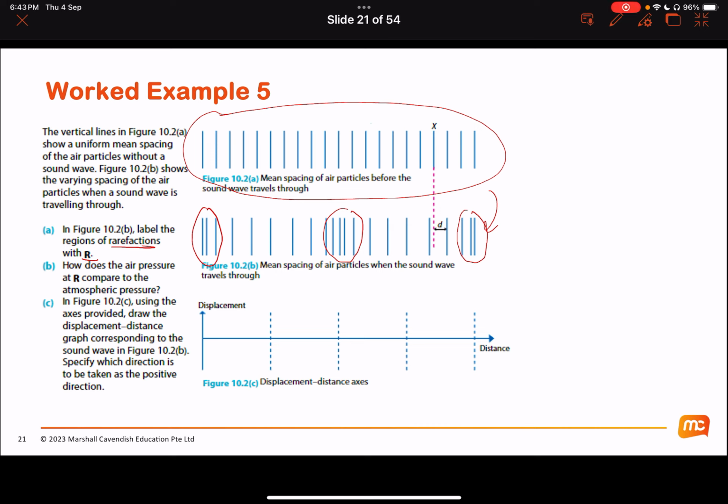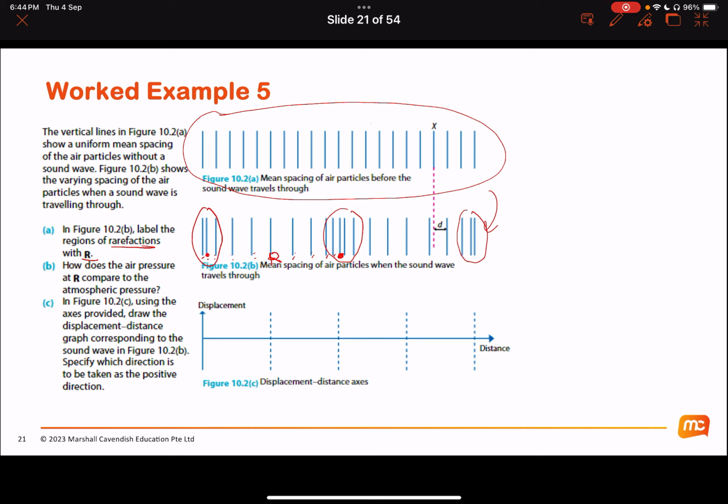So you can count the number of lines and then determine where the middle line will be. 1, 2, 3, 4, 5, 6, 7, 8, 9, 10, 11. So between, let's say, this and this, 1, 2, 3, 4, 5, 6, 7, 8, 9. So maybe over here, this is the rarefaction.